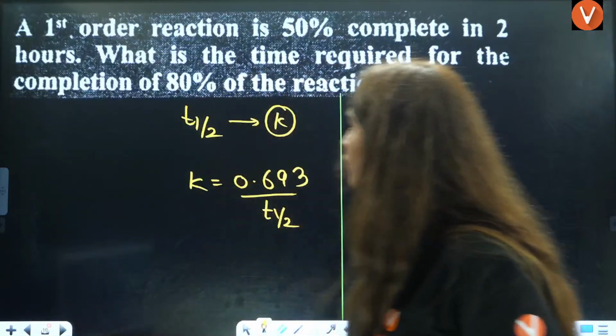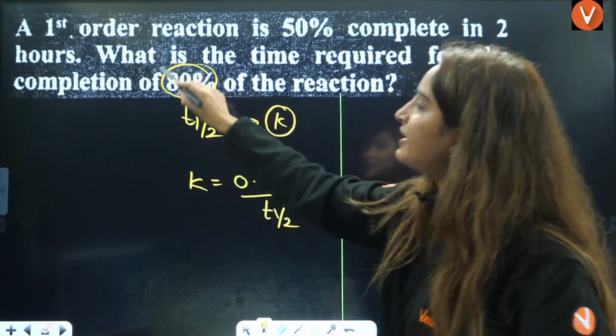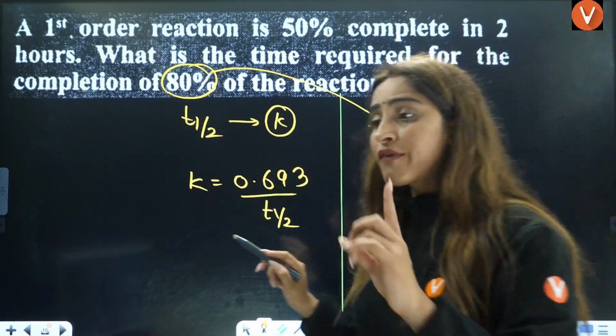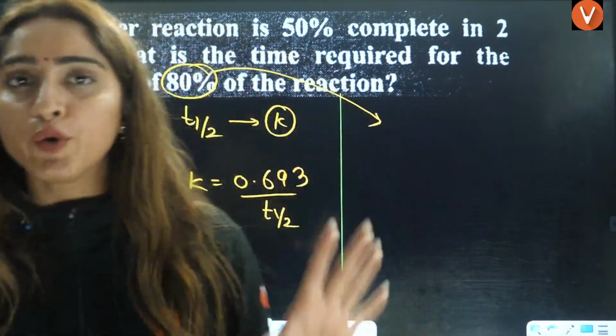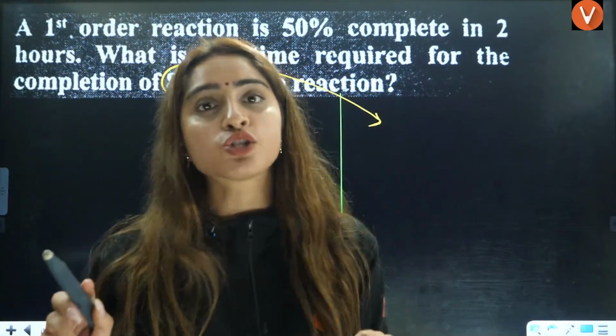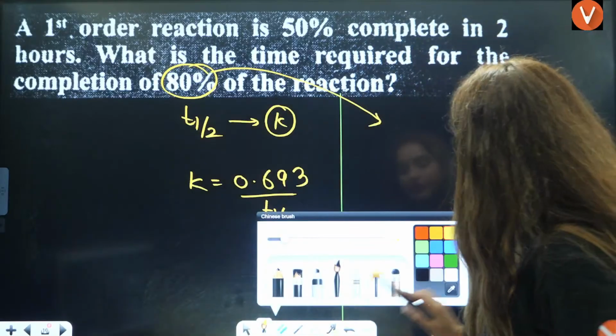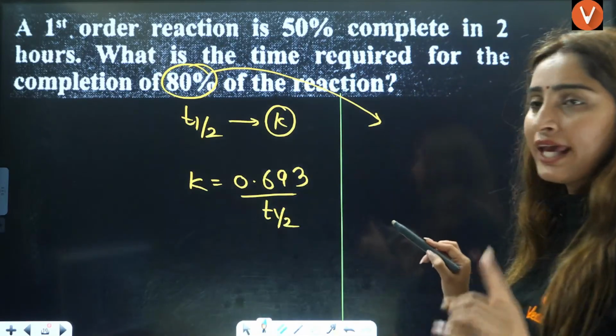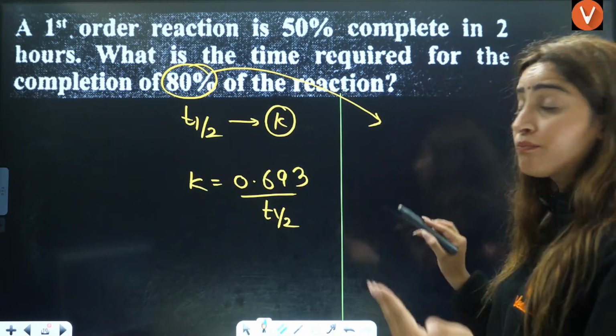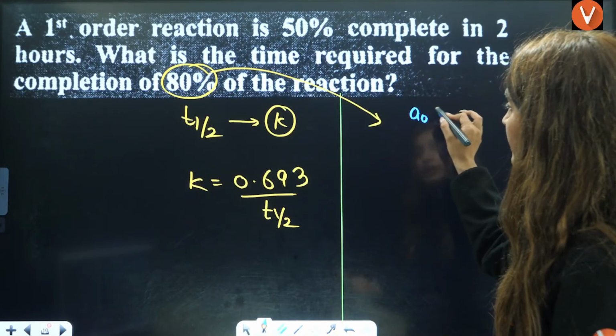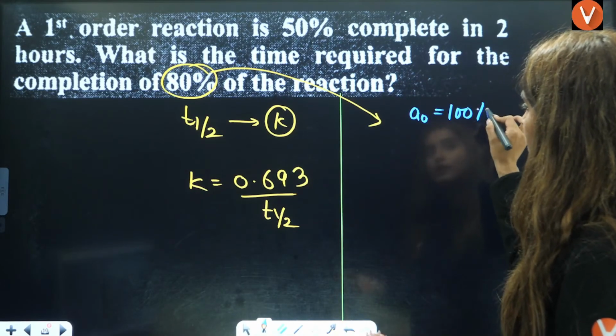Now the question is, ma'am, 80% they have given. So guys, very simple trick for all of you to solve the numericals. If they have given it in percentage, then you will always take the initial concentration to be 100, right?